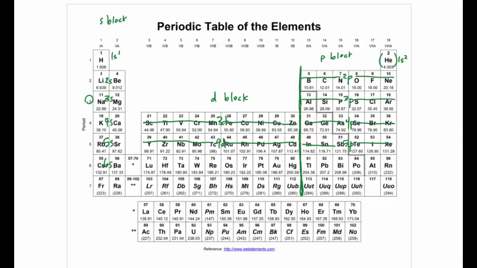Now, after barium, we're going to a new section. This periodic table right here, we've got a little star that links us down here. So this is the first occurrence of this area down here on the periodic table. So what letter do you suppose we'll start using for that? This is the F block down here.